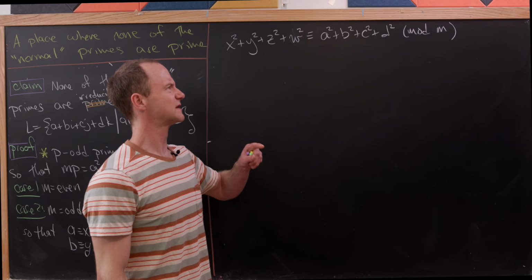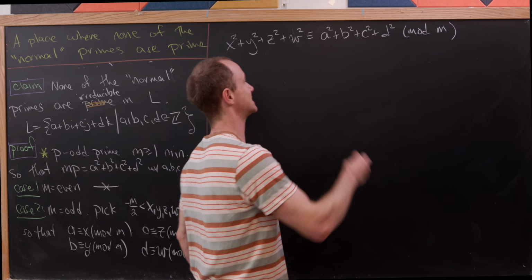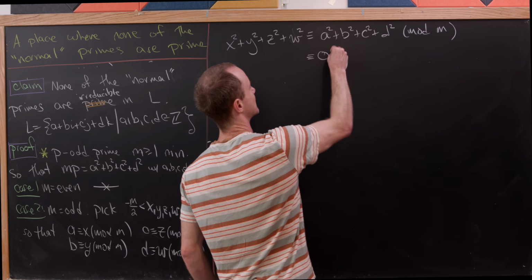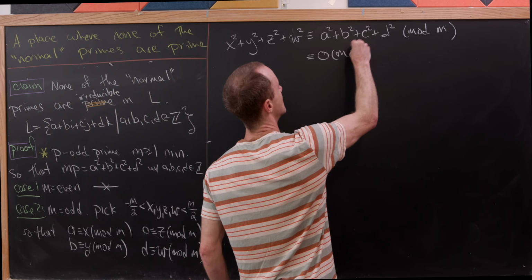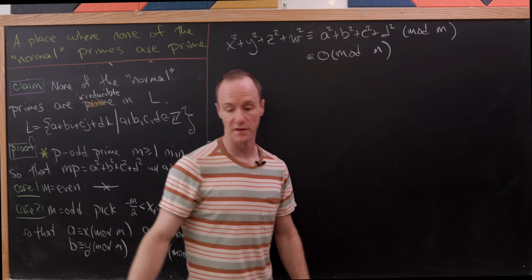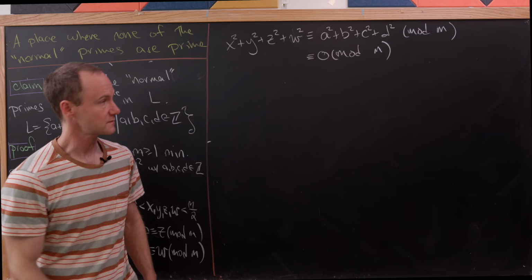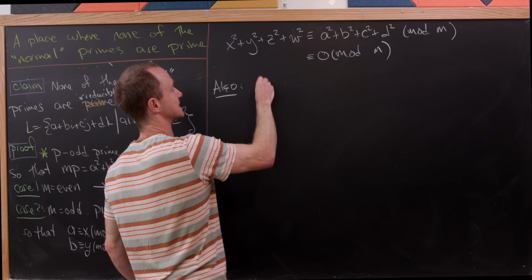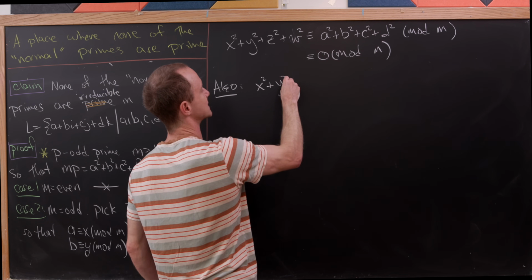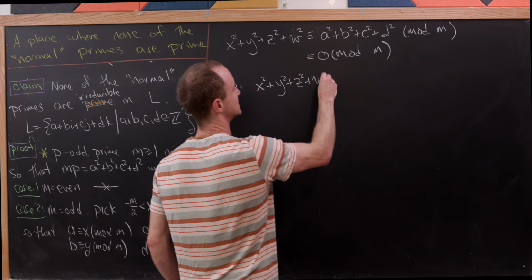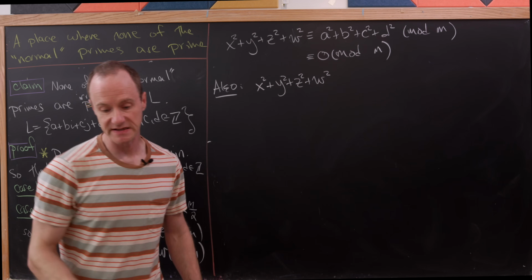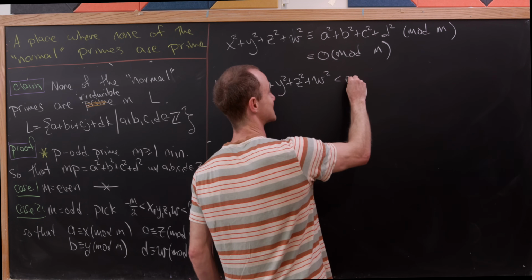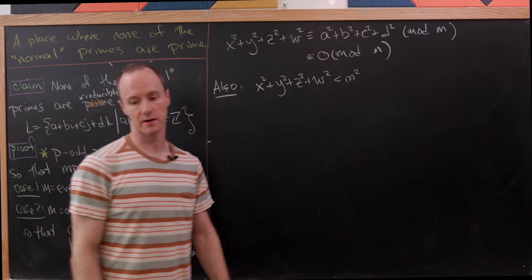But now let's observe that this is equal to m times p, meaning that this whole thing is congruent to 0 modulo m, because it's a multiple of m. And then let's also observe the following, and that is that x squared plus y squared plus z squared plus w squared is going to be, in fact, less than m squared.